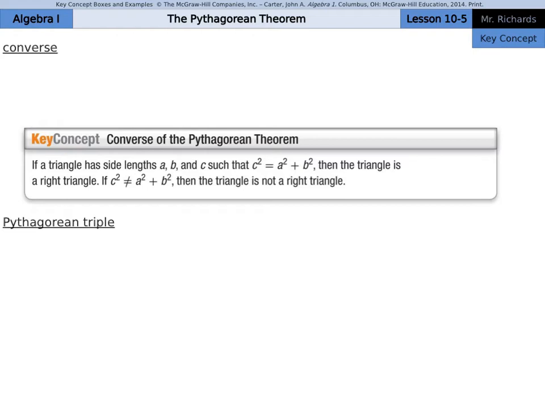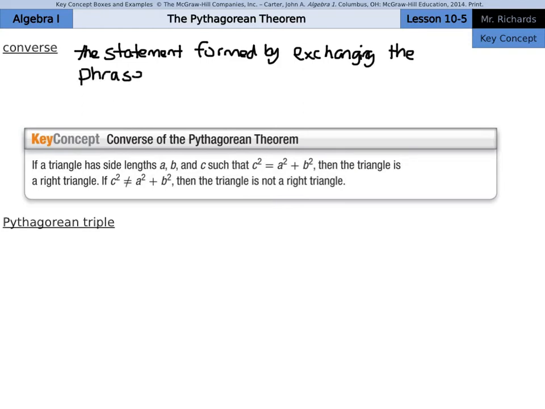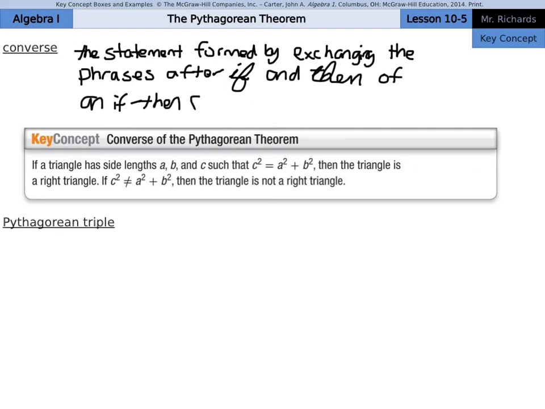The converse is defined as the statement formed by exchanging the phrases after if and then of an if-then statement.